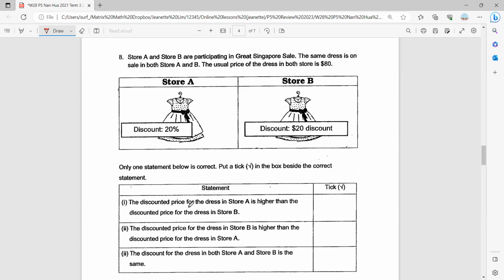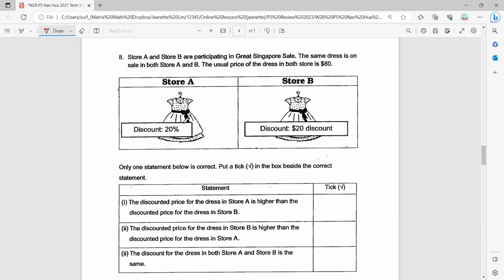definitely wrong already, okay? There's only one correct statement. So first one says discounted price for A is higher than discounted price for B. Second one says discounted price for B is higher than discounted price of A. So basically they are the opposite. You can only choose one, right? Then the last one says the discount for the dress in both is the same. So is it A higher or is it B higher or is it the same?